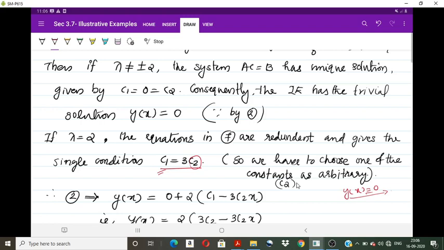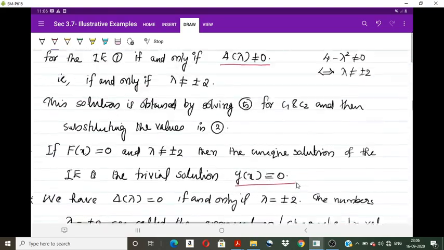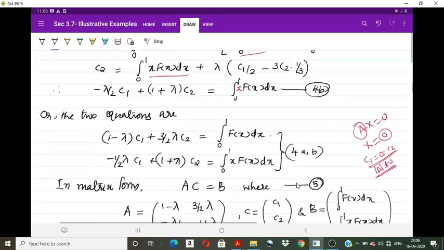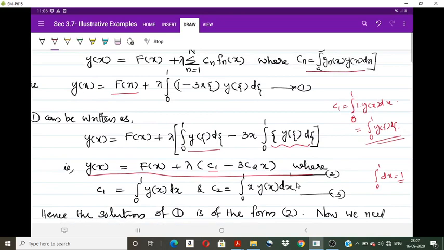Therefore, the solution will become y of x is equal to f of x, which is 0, plus lambda, which is 2, into C1 minus 3C2 into x, from equation number 2.